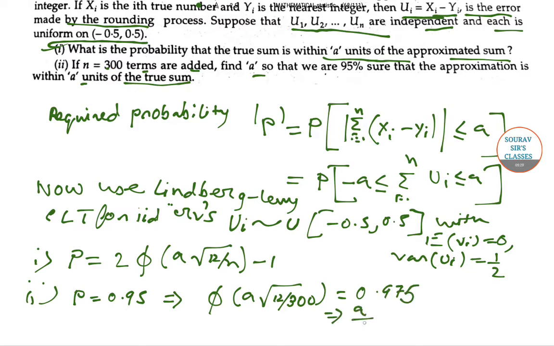From there we get a by 5 is equal to 1.96, or a equals 9.8. So we get the value of a to be 9.8. So if we had to find a, we have found it to be 9.8.